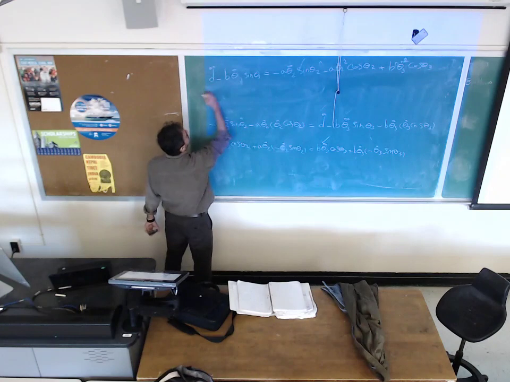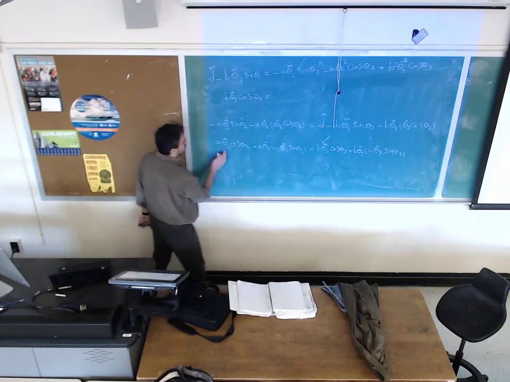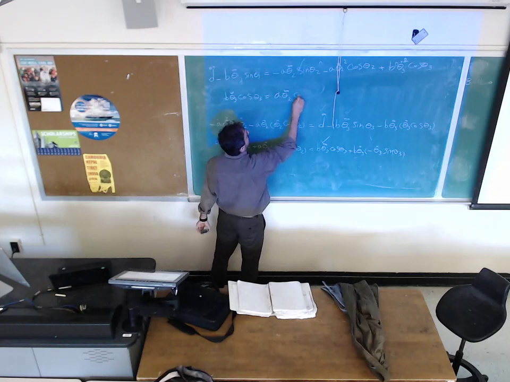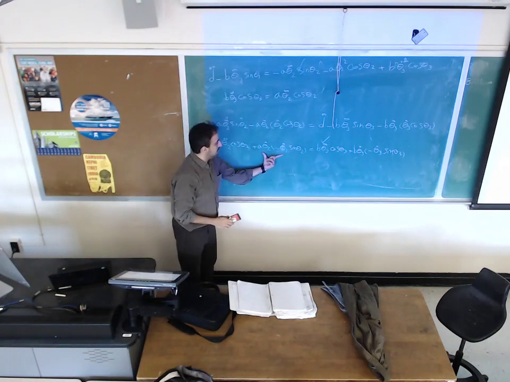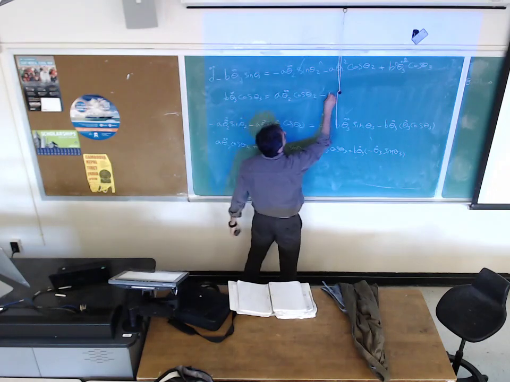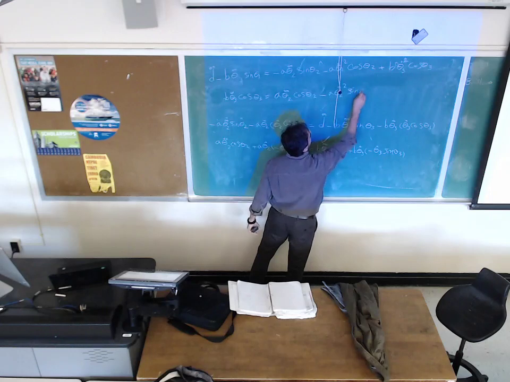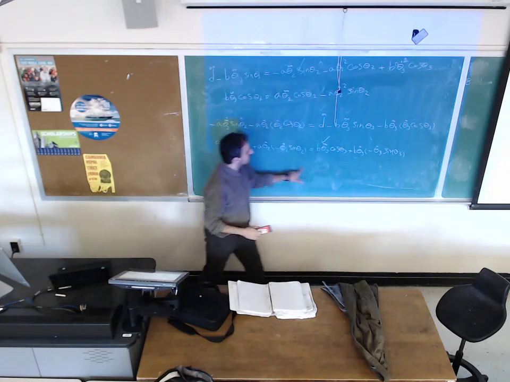B theta double dot 3 cosine of theta 3 equals to this, the negative A theta 2 dot squared sine of theta 2. And if I move this to the other side, it's going to be positive.